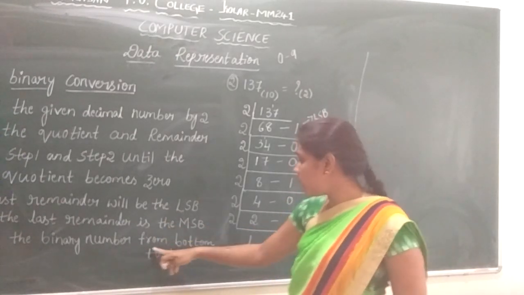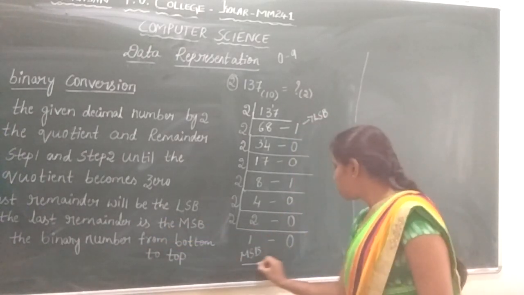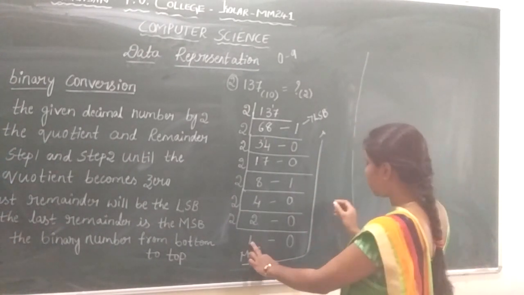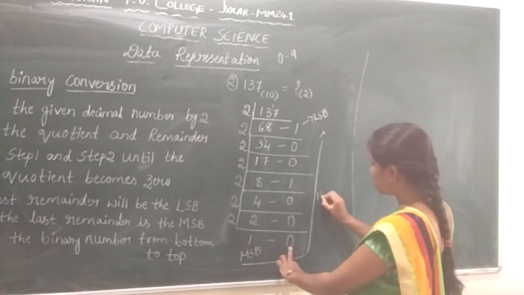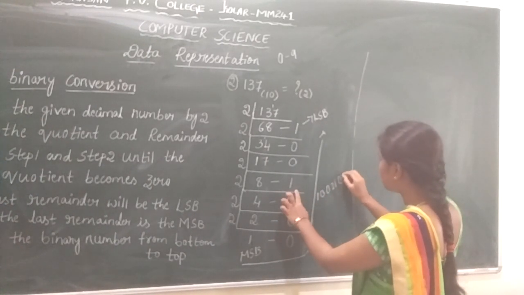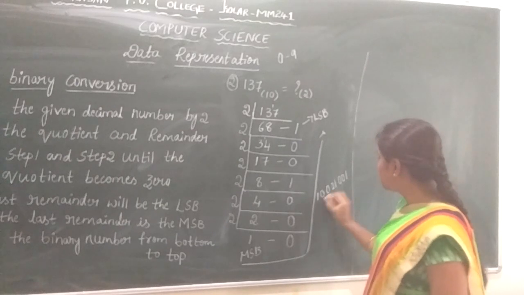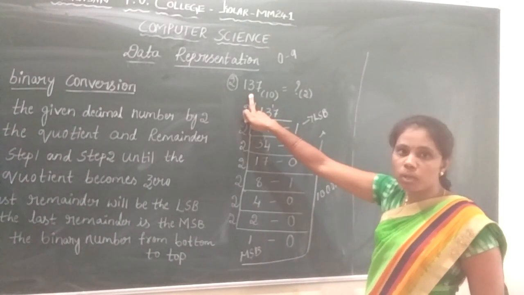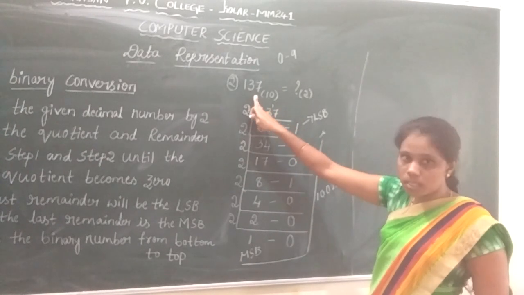Now write down the binary number from bottom to top. That is, I write here 1 0 0 0 1 0 0 1. So this is your binary equivalent value for the given decimal number 137.